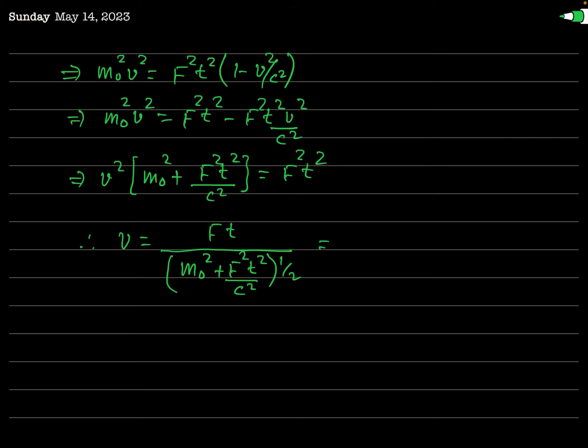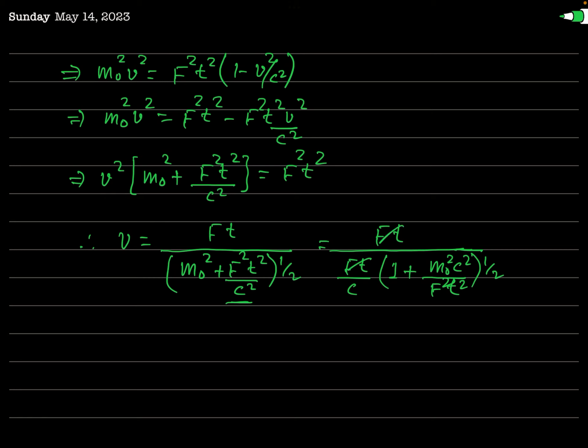Let us simplify this RHS a little bit. You can write it as ft divided by, let us take f square t square by c square as a common factor, so this will be ft divided by c, and inside the bracket there will be 1 plus m naught square c square divided by f square t square, the whole to the power half.